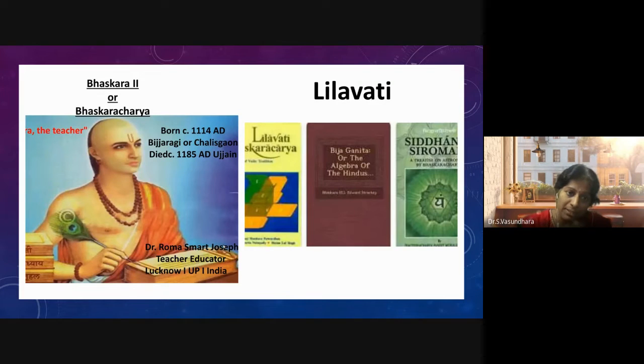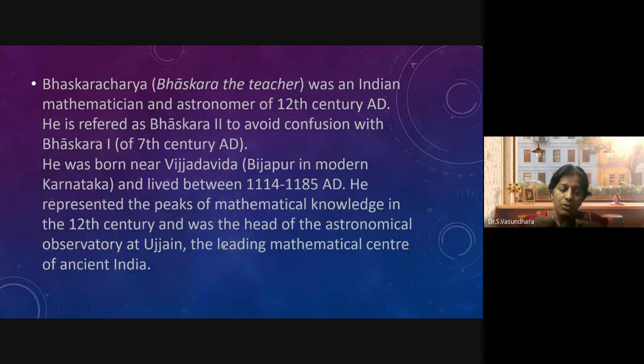Another famous mathematician is Bhaskara II, also known as Bhaskaracharya. He had three famous mathematical granthas: Lilavati Ganitam, Bijaganita or the algebra of the Hindus, and Siddhanta Siromani. This Bhaskaracharya was an Indian mathematician and also an astronomer of the 12th century AD. He is referred to as Bhaskara II to avoid confusion.